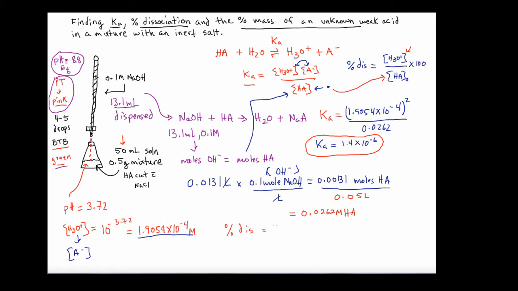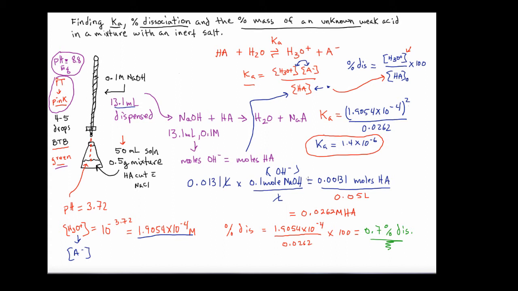So our H3O plus is going to be 1.9054 times 10 to the minus fourth, and that's going to be divided by my HA, which is 0.0262 times 100, and I get a value which is about 0.7% dissociated. But I'll abbreviate this way. All right, and that's in the range that we would expect for a weak acid, so that's good news.